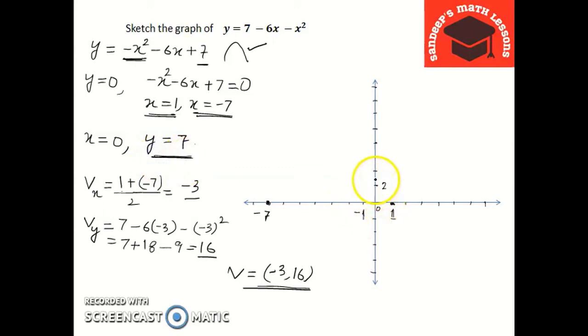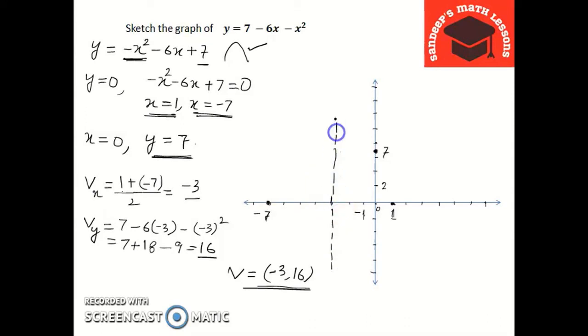So if this is 2, this will be 4, this will be 6. 7 will be somewhere here, right? And the vertex is at -3, 16. So -3 means this point. So the axis of symmetry will be x equals -3.